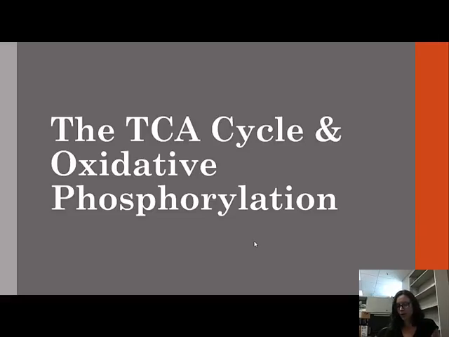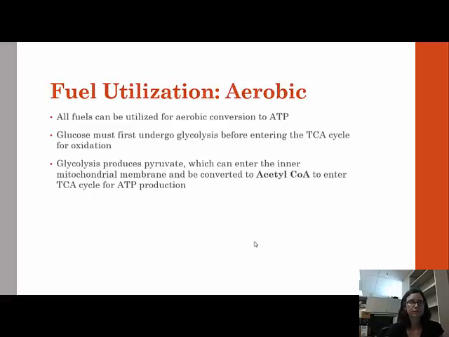Okay, so now we're going to focus on our major topic, which is the TCA cycle and oxidative phosphorylation. This process is always aerobic, and all fuels can be utilized for aerobic conversion of ATP, that is, conversion in the presence of oxygen.